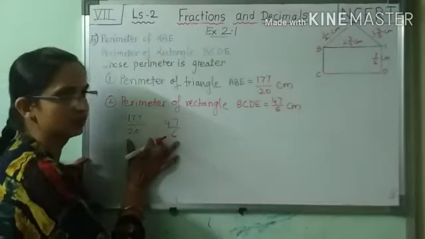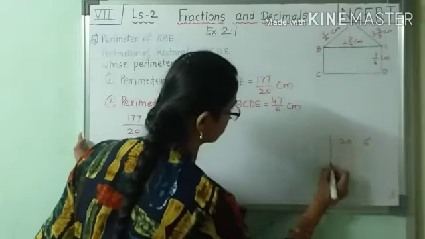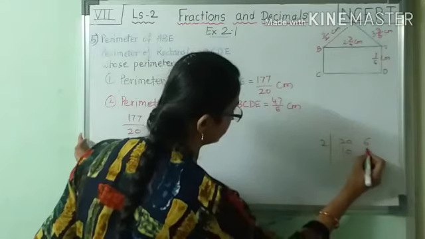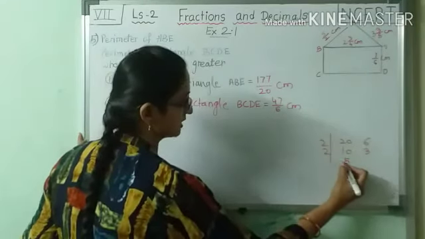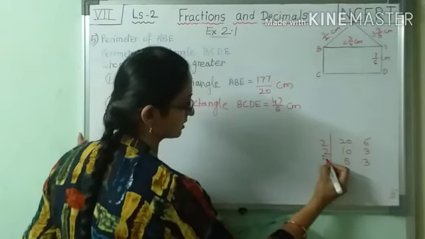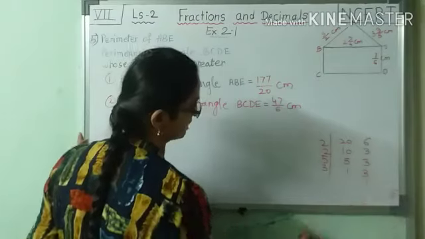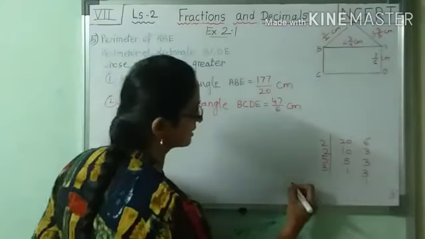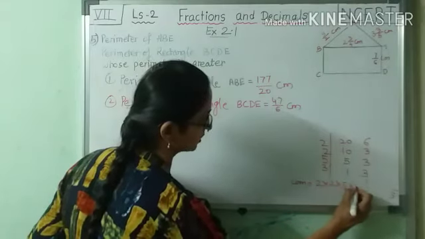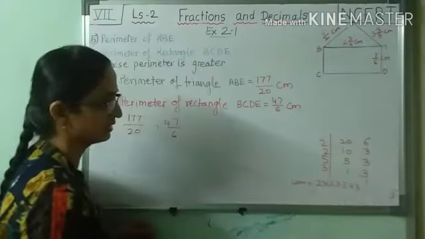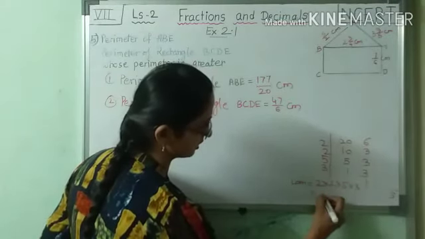For this, calculate the LCM of 20 and 6. 2 10s are 20, 2 3s are 6. Here also 2 5s are 10, write 3 as it is, 5 1s are 5, write 3 as it is, and 3 1s are 3. So LCM is 2 into 2 into 5 into 3. So 2 2s are 4, into 5 is 20, 20 into 3 is 60.